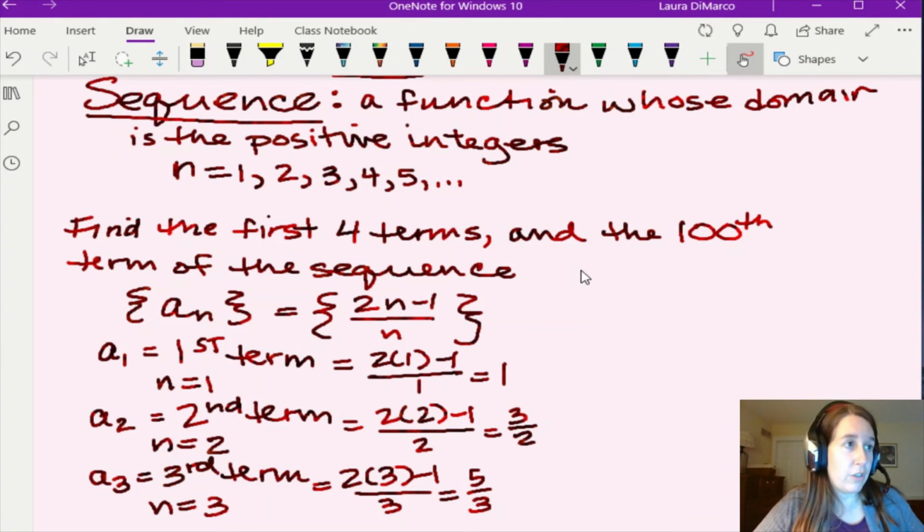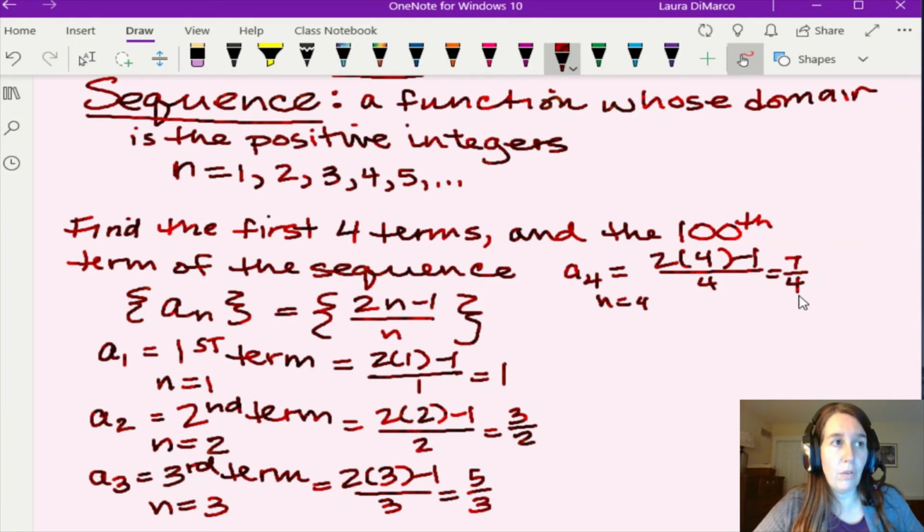We also need the fourth term. A sub 4, of course, is the fourth term. N is equal to 4. So 2 times 4 minus 1 over 4. Looks like 7 fourths. Okay, when we have an explicit formula like this, a sub 100 should not be difficult or intimidating, right?